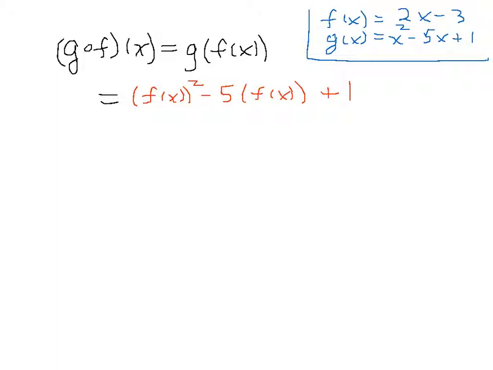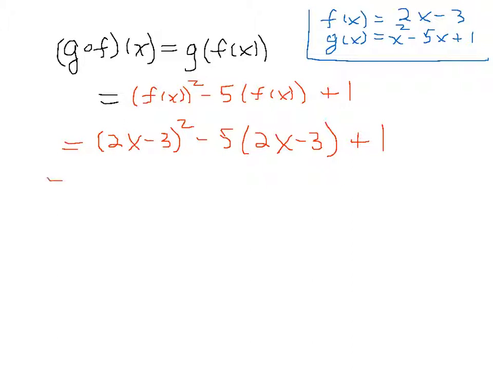And now all we have to do is simplify this. So the intermediate step would be 2x minus 3 squared minus 5 times 2x minus 3, just putting in what f of x is, plus 1. And now I just have to simplify all this. So I get 4x squared minus 12x plus 9. That's what I get when I square that.